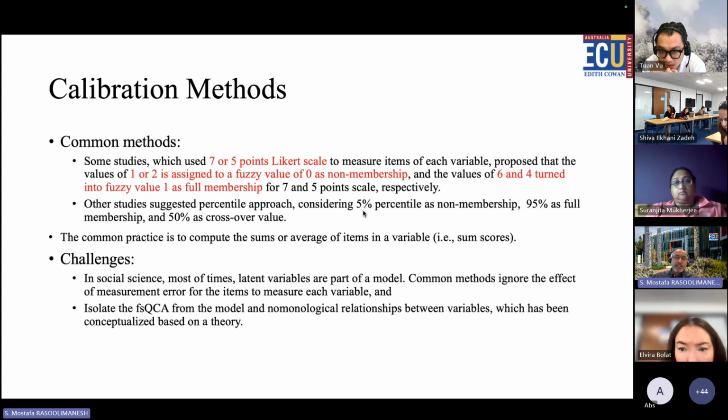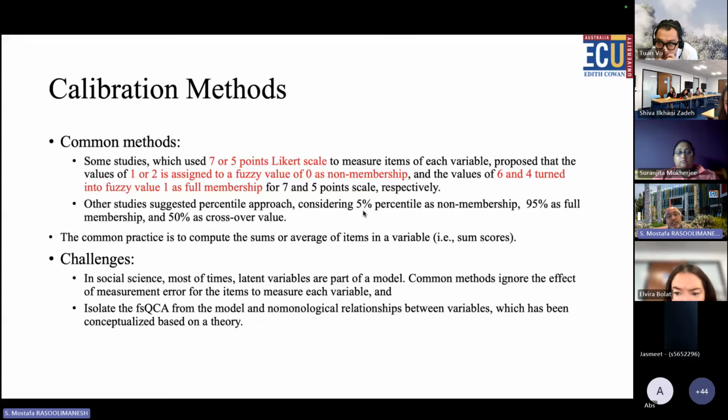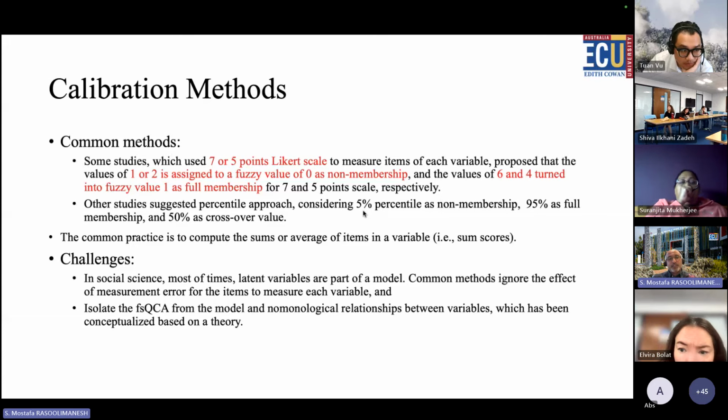For a 7-point Likert scale, some studies consider 7 as full membership, 1 as full non-membership, and 4 as crossover, and values between these are considered in or out values between 1 and 7.